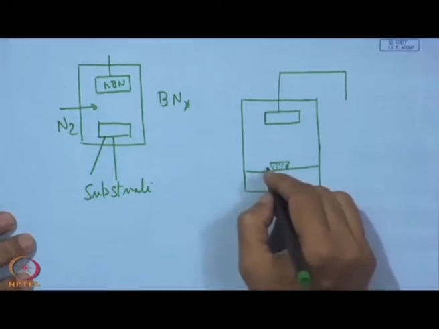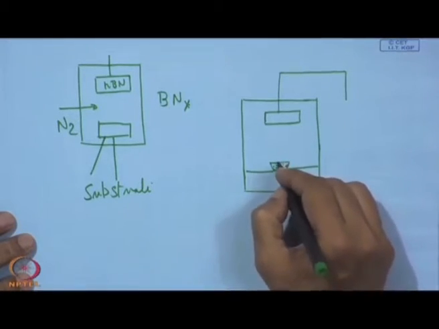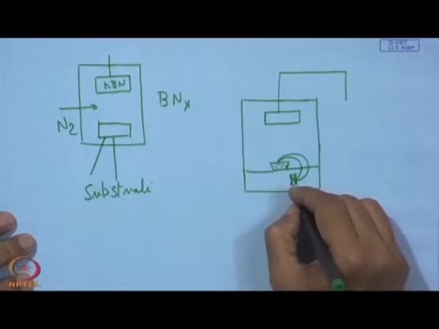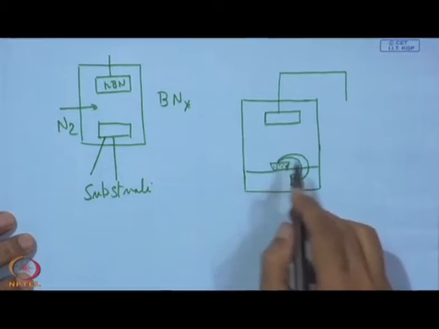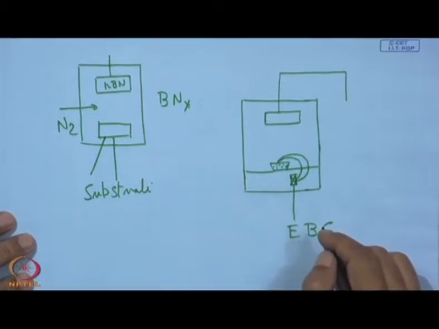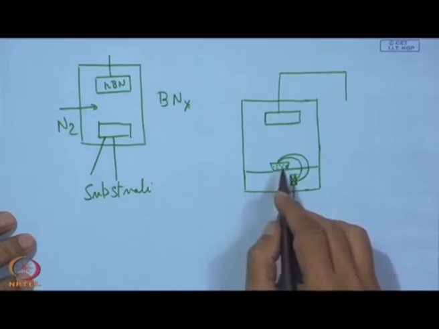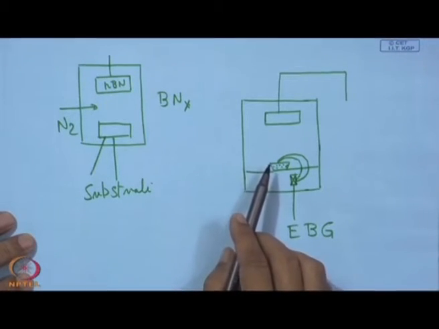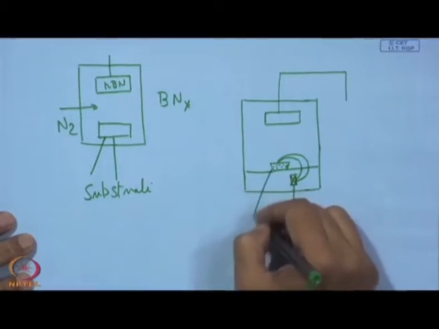It can be a rod or it can be powder of HBN, and what we have here is an electron beam gun. So, this electron beam gun is focused on this surface to have evaporation of HBN, or it can even be boron. One way would be to have HBN, but the idea here is to have just boron, because its melting point will be below that. So, it can even be boron in this.